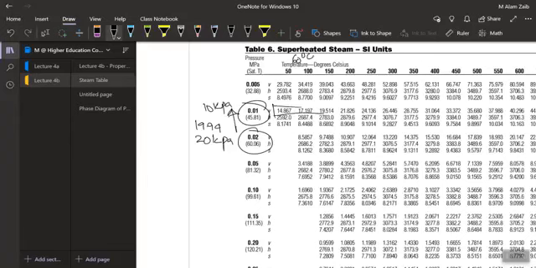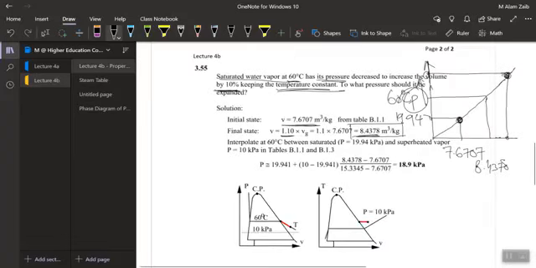Let's assume for a while that we have a temperature of 60 degrees centigrade. Why I'm saying let's assume for a while, I will explain a little bit later. At 10 kilopascal, I should have a volume somewhere here, which is 15.3345.